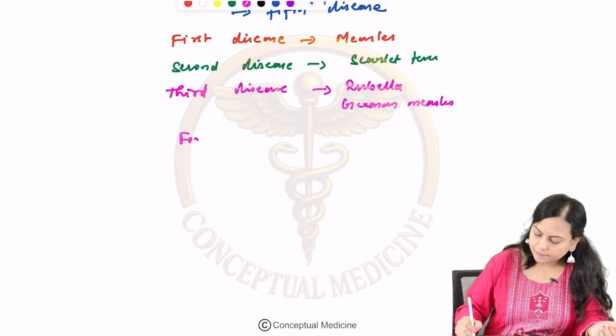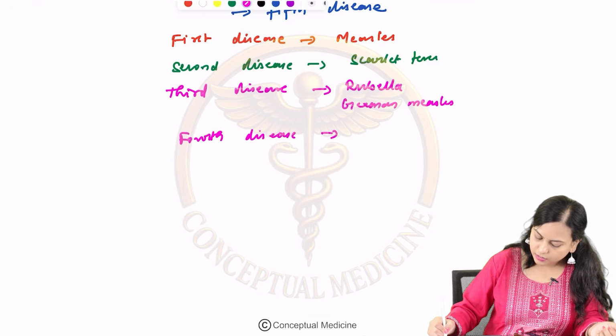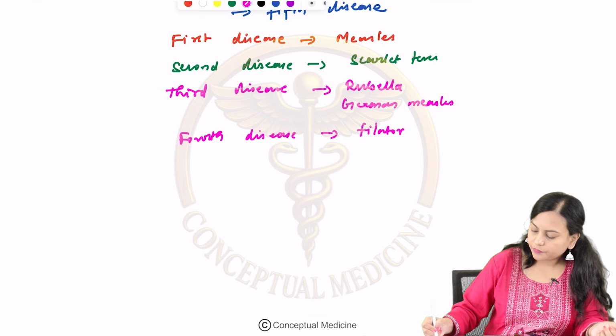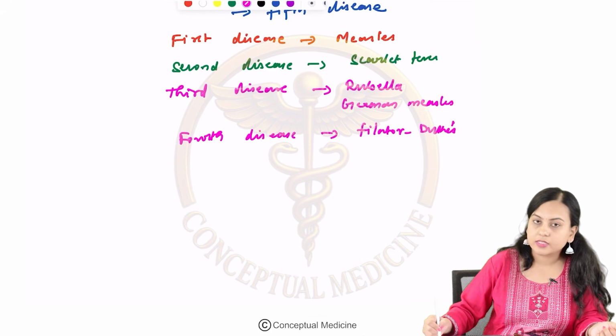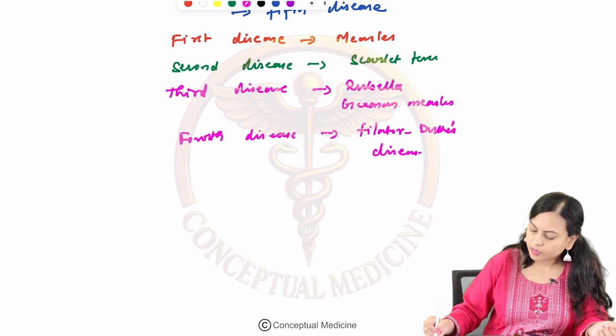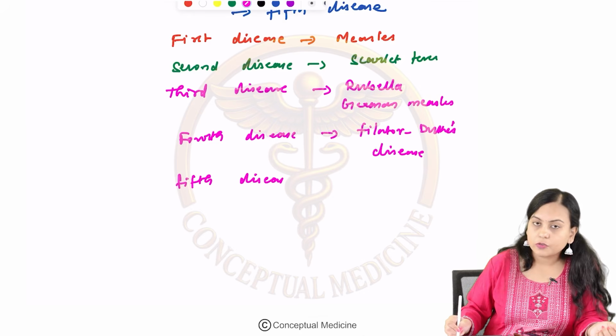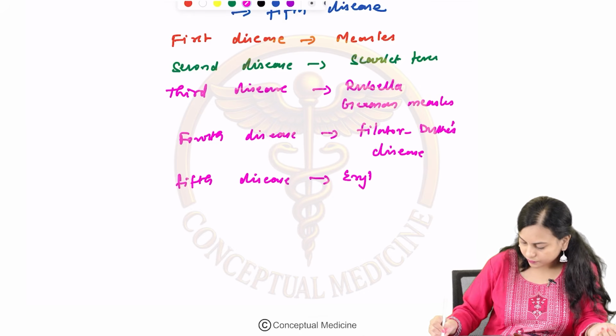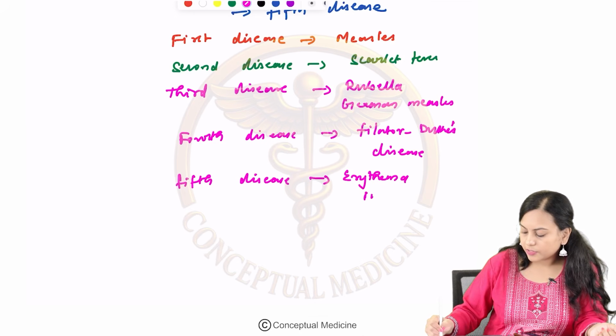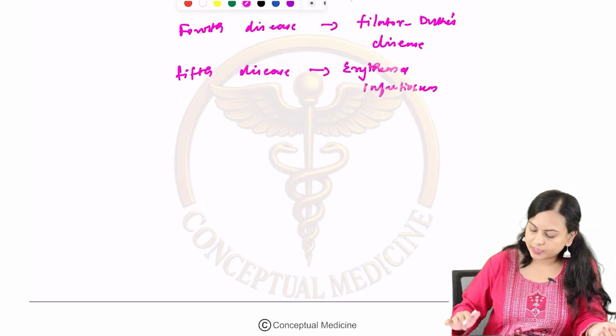Fourth disease includes Filatov-Dukes' disease. Fifth disease includes erythema infectiosum, which is nothing but the parvovirus infection we have discussed now.